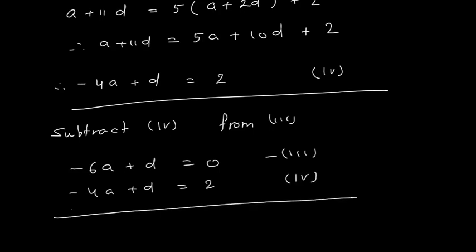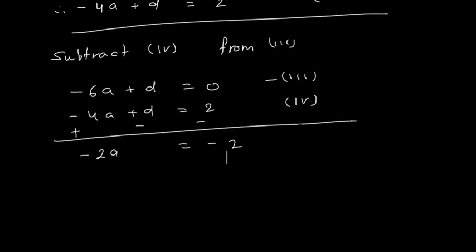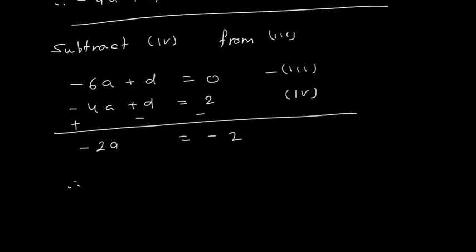So this minus will become plus. Now minus 6a plus 4a will become minus 2a, and here we are subtracting, so this is minus 2. So minus 2a equal to minus 2, therefore the value of a is equal to 1.